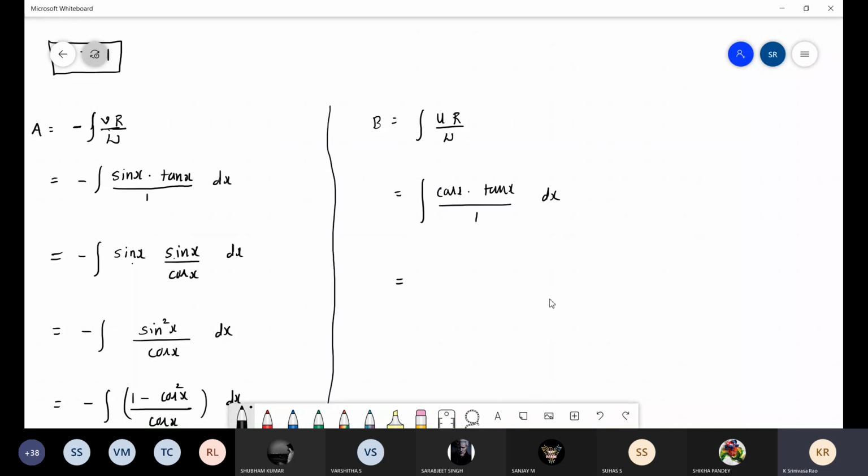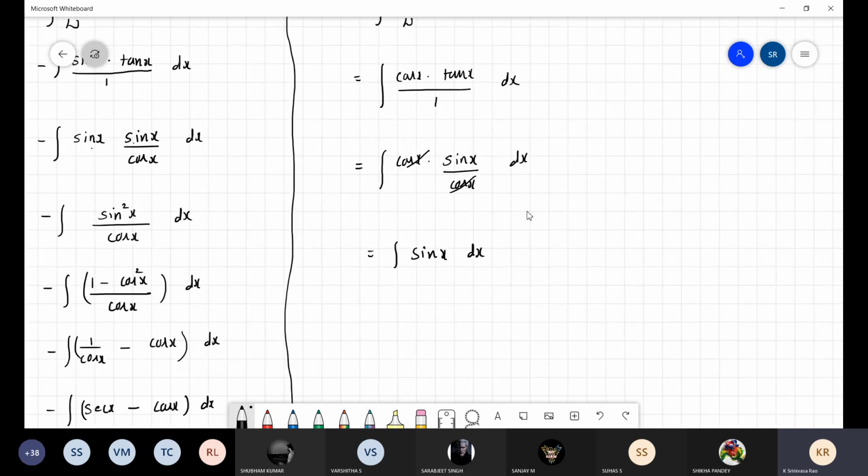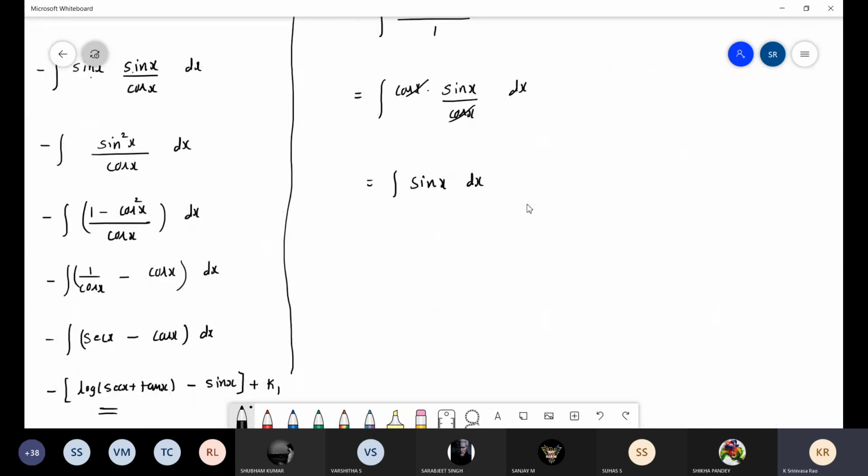That equals integration of cos x as it is, and tan x can be written as sin x divided by cos x. See, this becomes very simple. Cos x and cos x cancel, just the integration of sin x. I told you one will be a little complicated and the other simple. The integration of sin x is minus cos x plus a constant k2.